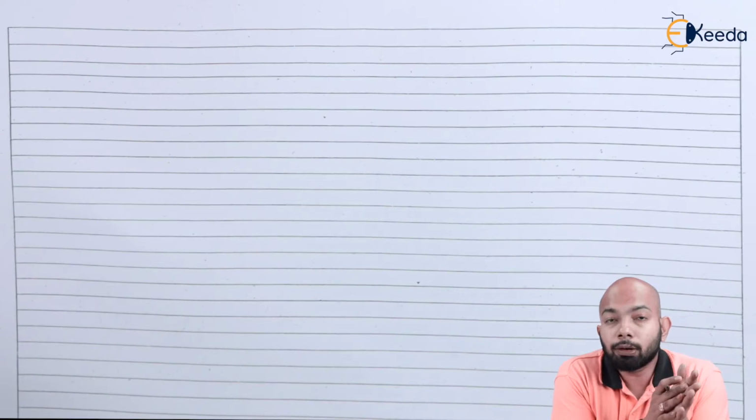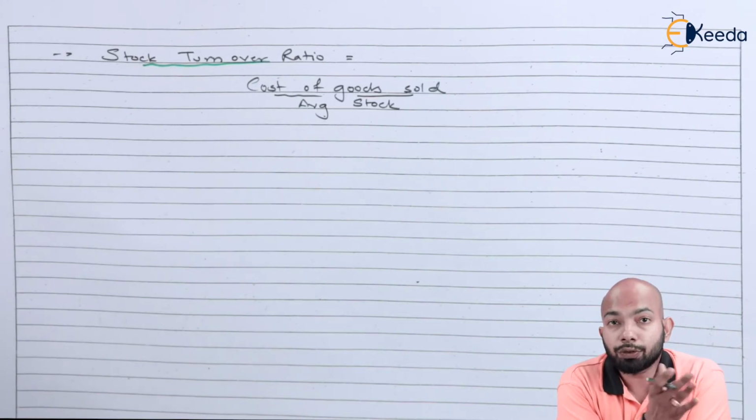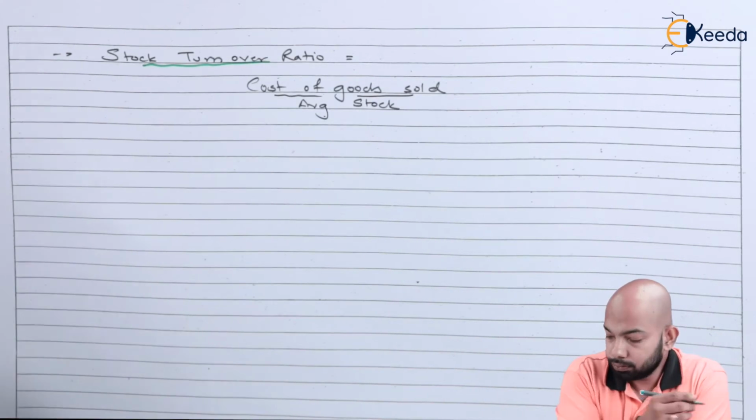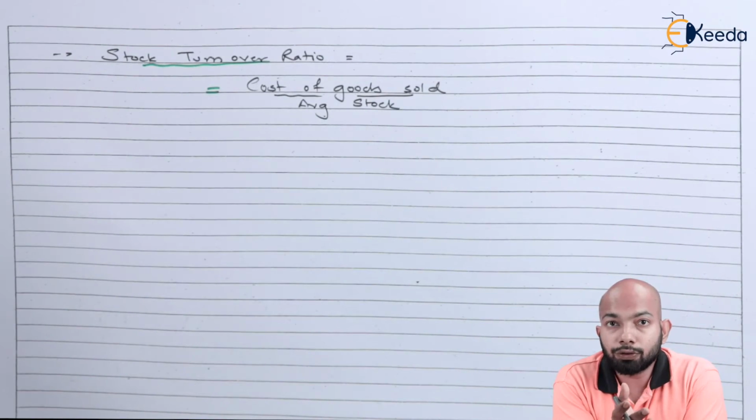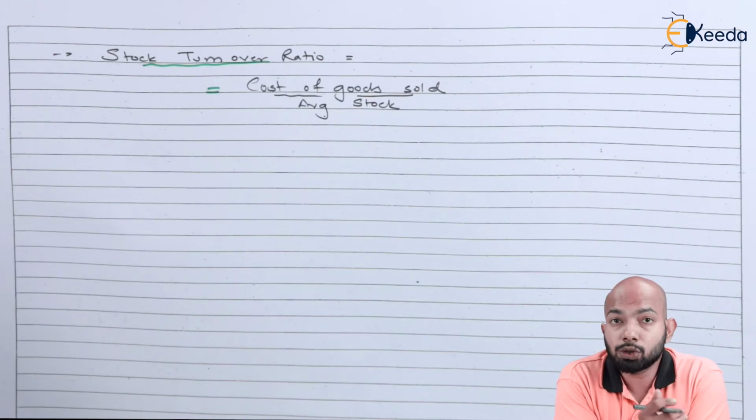Now the next ratio that we'll be figuring out under activity is the stock turnover ratio. The formula is cost of goods sold upon average stock. We already have the value of cost of goods sold, we just have to take the average of stock here.